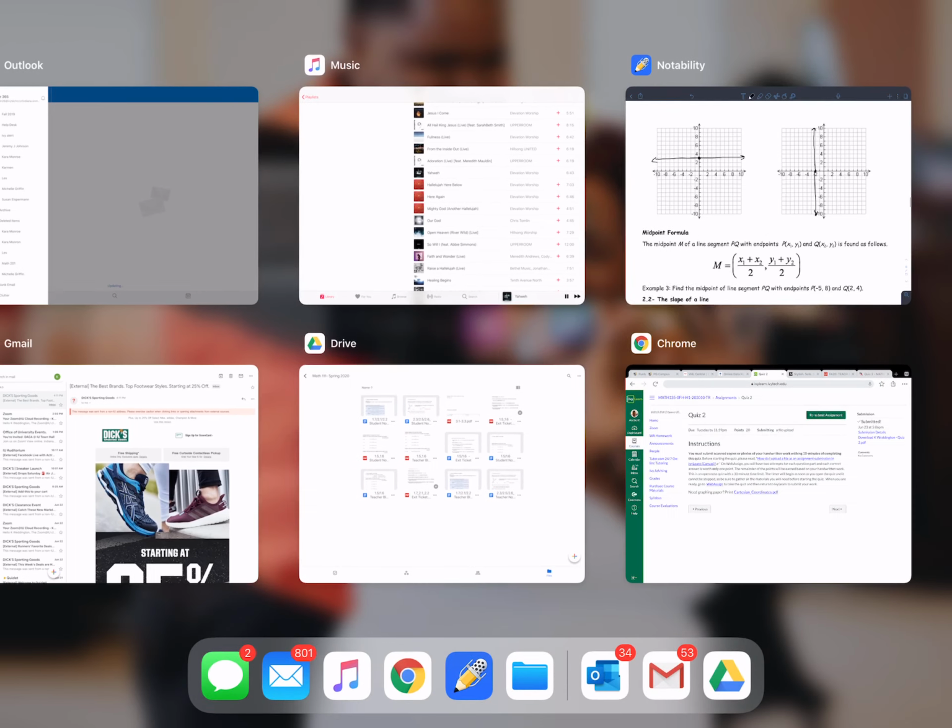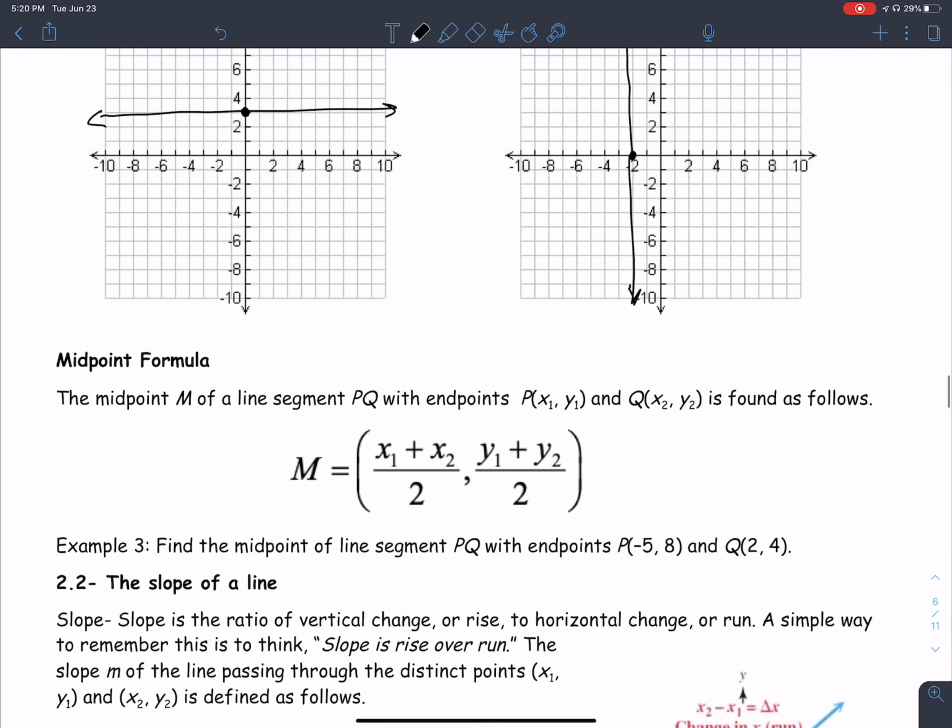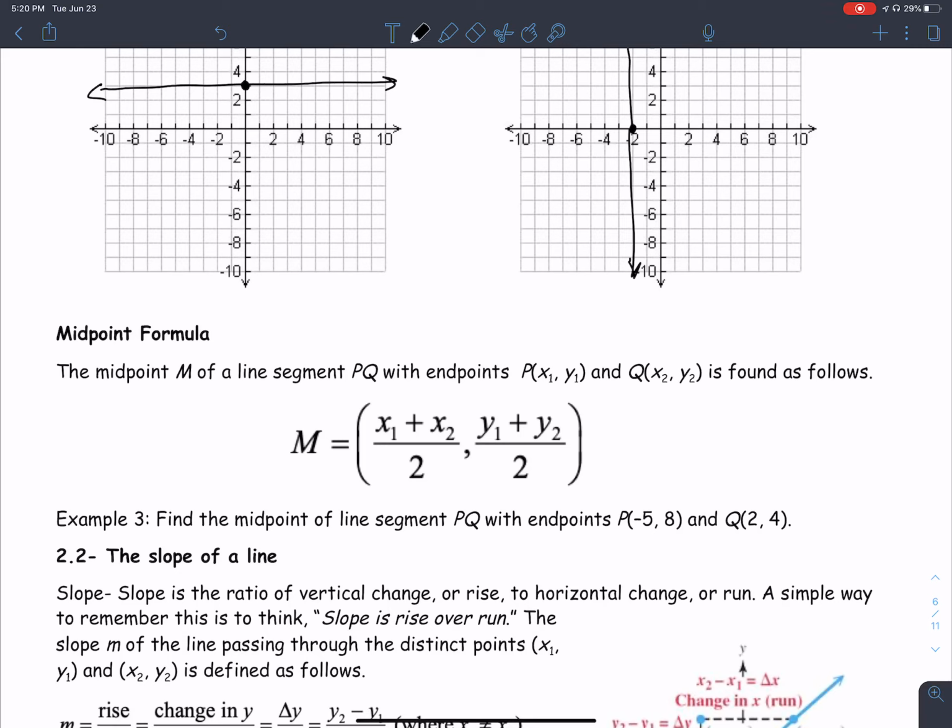All right, last thing we're going to talk about is midpoint. Okay, midpoint formula is really easy. Okay, if we have 2 points on a graph, okay, so (a, b), I know it says x1, y1, x2, y2, and (c, d). What we can do is we can add them together and divide by 2, and we can get our midpoint.